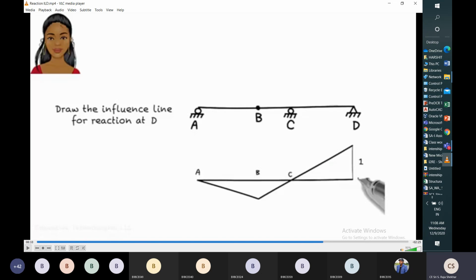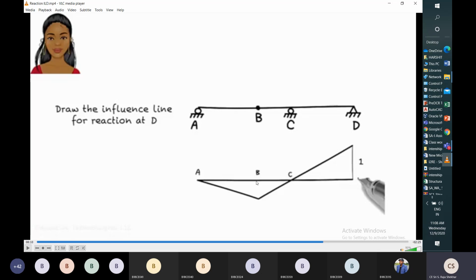Whatever the deformed shape of the beam, that will represent the reaction influence line for that support. So this is the reaction influence line for support D. Here where you are pushing, you have to place that as unity.